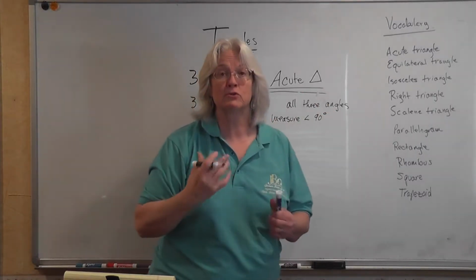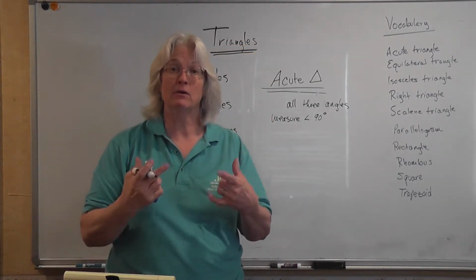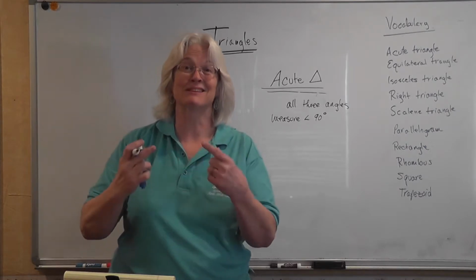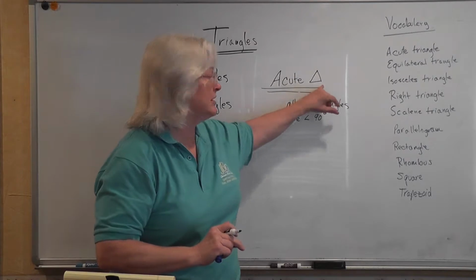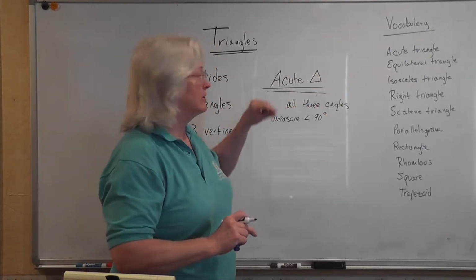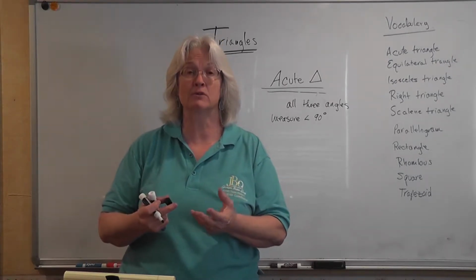That's what an acute triangle is. The angles might be all the same measure, in an equilateral triangle, which would mean all three of those angles are 60 degrees. We're not going to talk about that right now, but typically if you have an acute triangle, you're going to have different measures for those three angles.